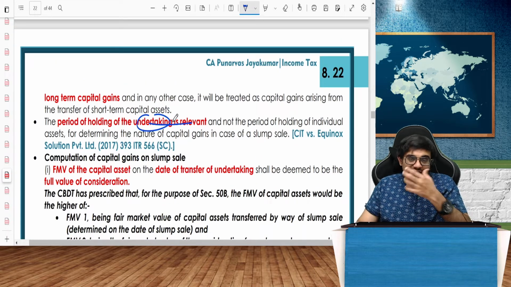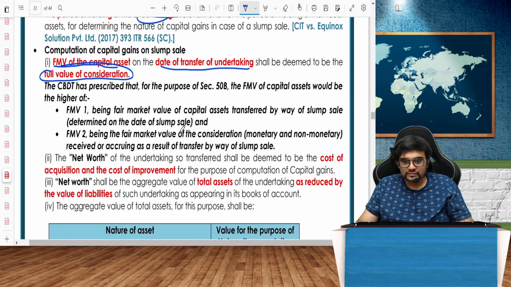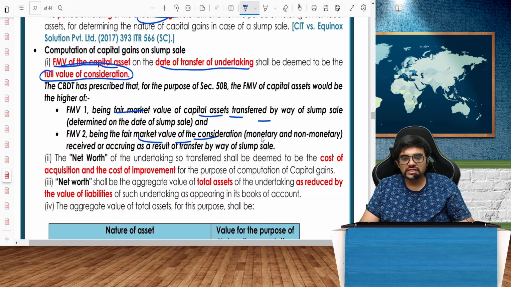Now when you sell that, what is the full value of consideration? The FMV of the capital assets on the date of transfer of the undertaking shall be deemed to be the full value of consideration. They will do a valuation of all the capital assets transferred, or they will take the FMV of the consideration received or accruing by way of slump sale, monetary and non-monetary, whichever is higher.